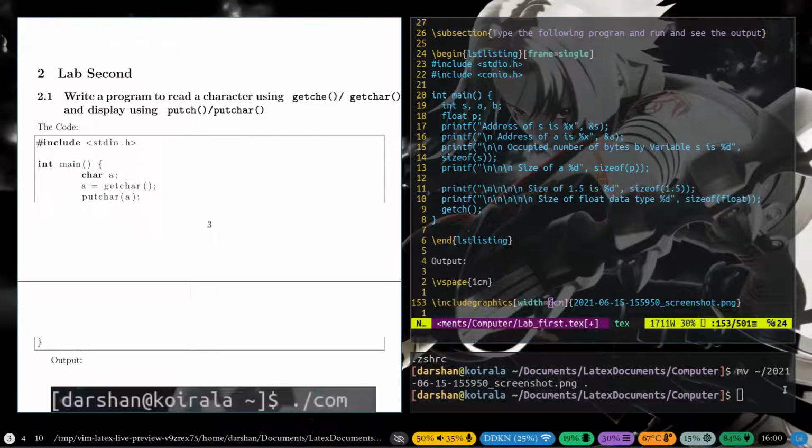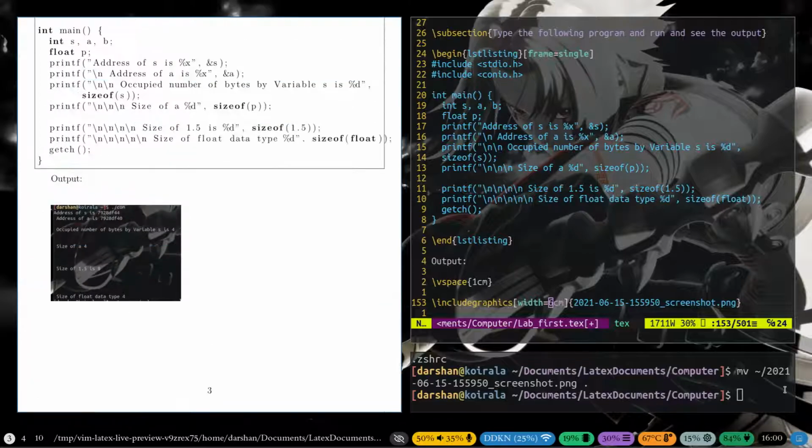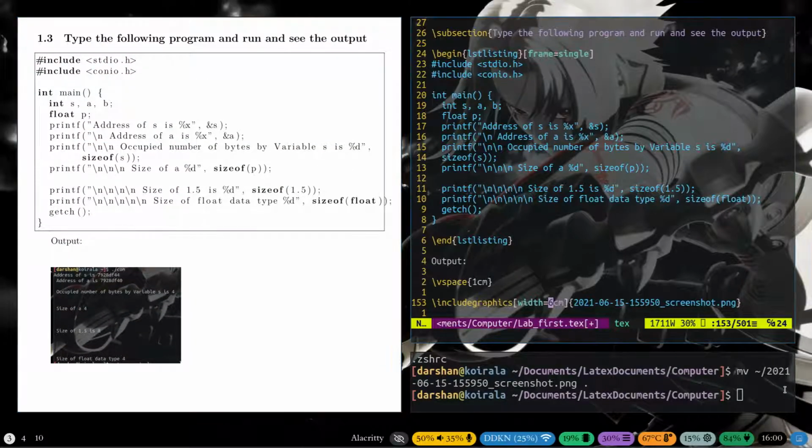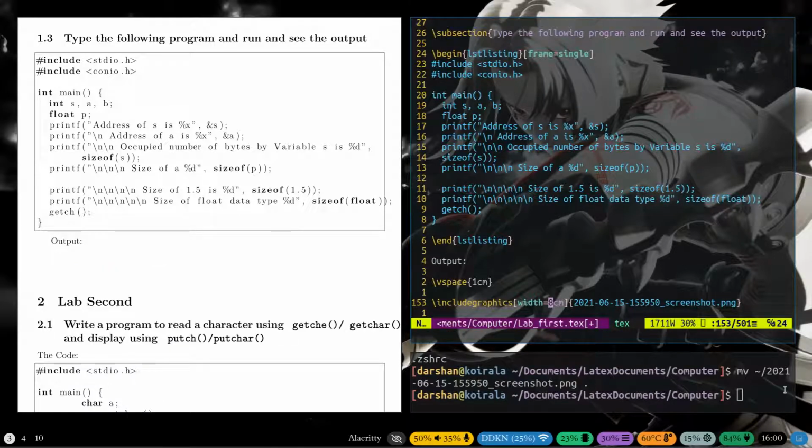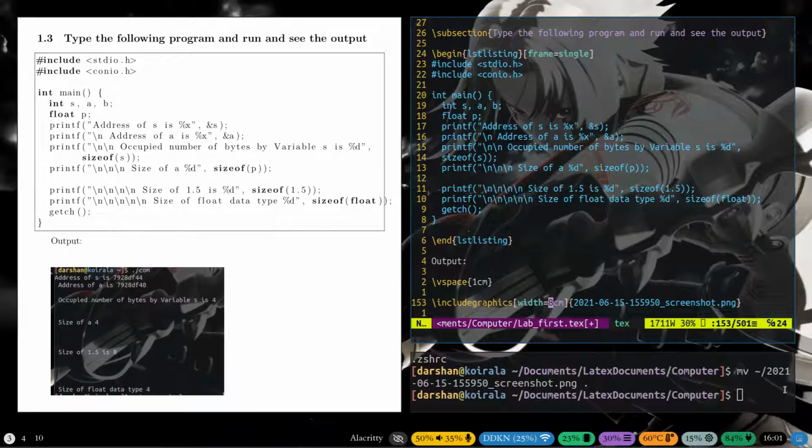Man, it is too little. 6, 8. And let me keep it increasing.